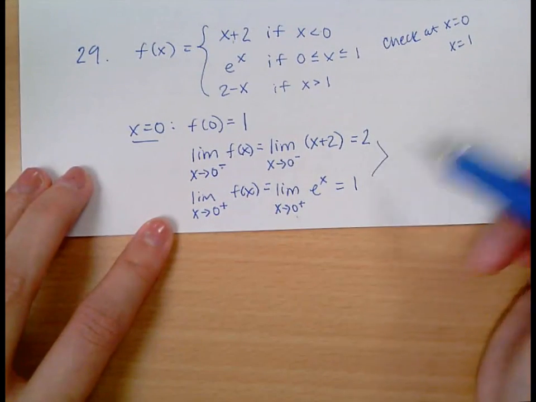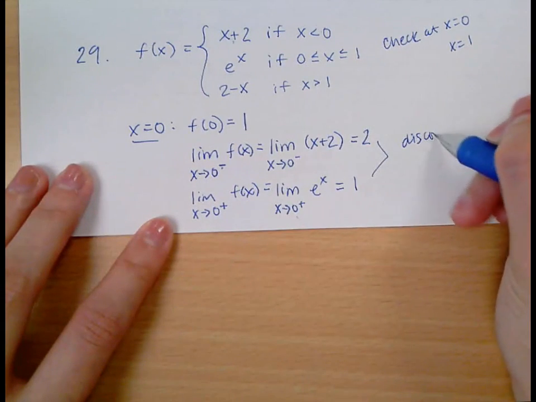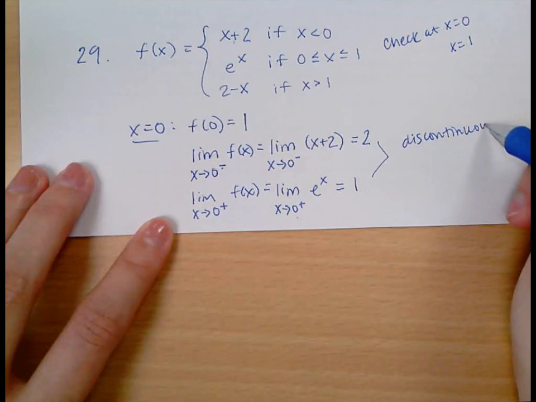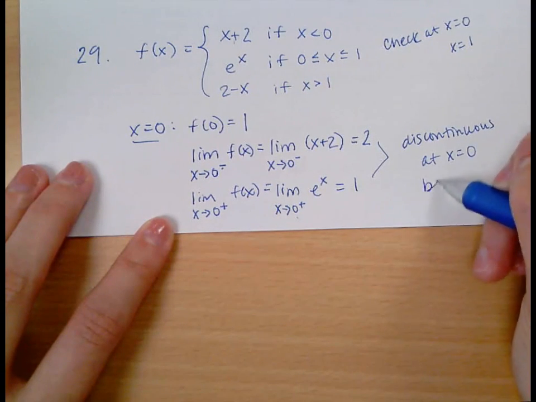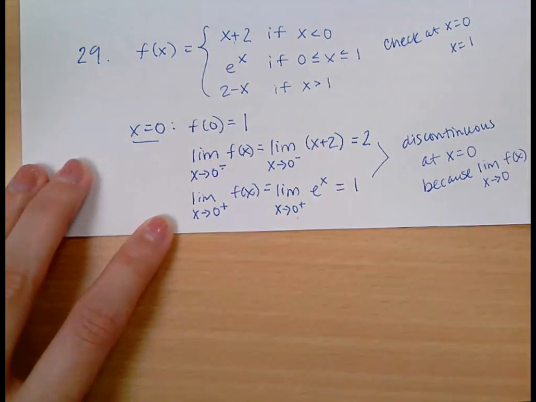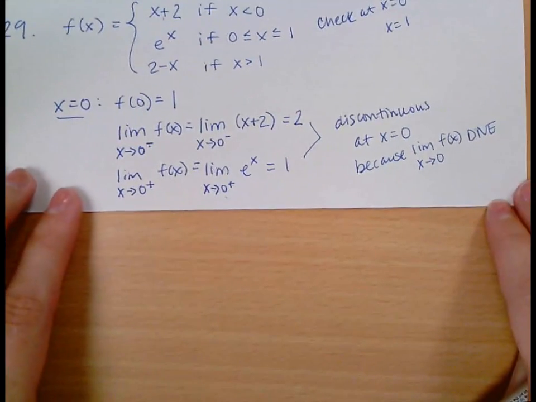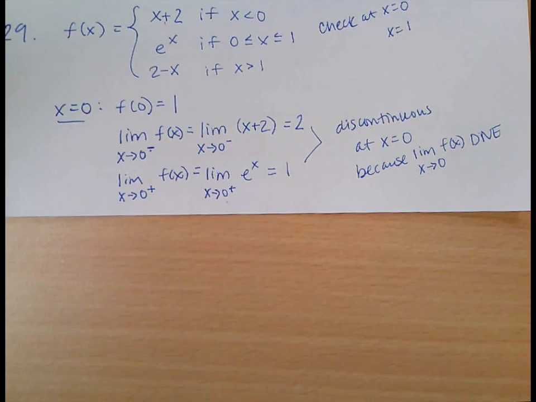No. So it's discontinuous then at x equals 0 because the limit as x approaches 0 of f of x does not exist. However, at the x value 0, could we say it's continuous from the right or from the left?